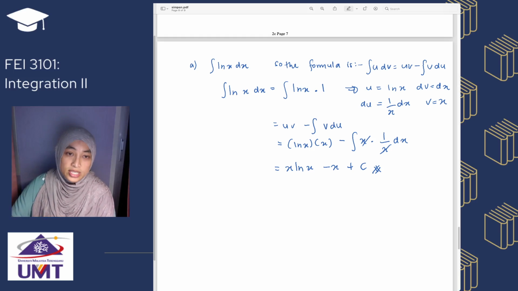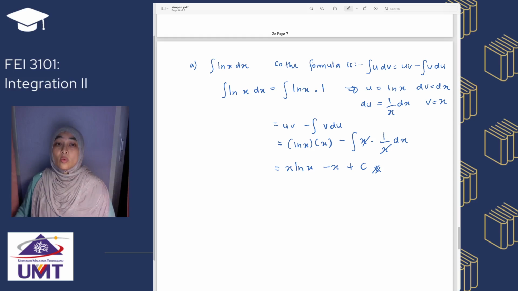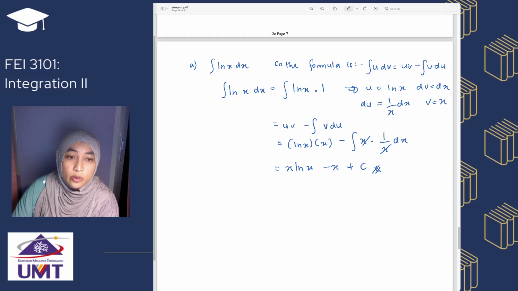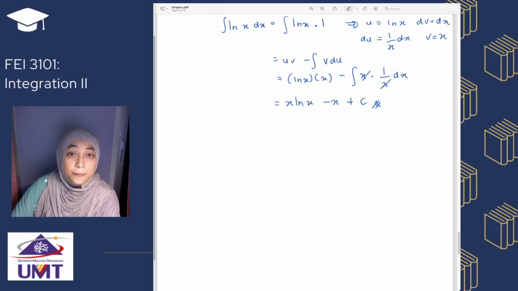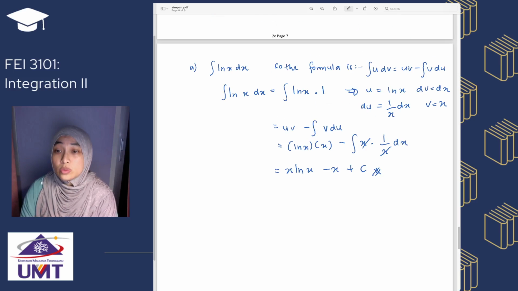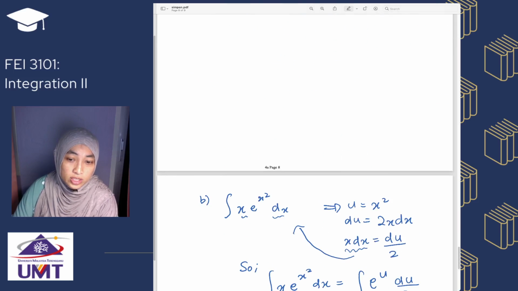I forgot to put dx here, never mind, we need the 1. Now using the formula uv minus integral of v du, you just substitute it: u equals ln x, v equals x, minus integral of x times 1 over x dx, and at the end you get x ln x minus x plus c. This is quite easy actually, but you need to know how to do it. If not, you're not going to be able to complete the question.